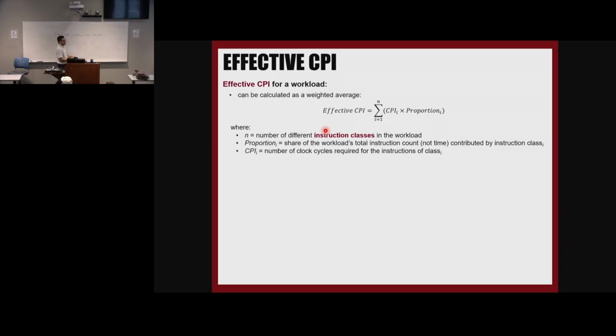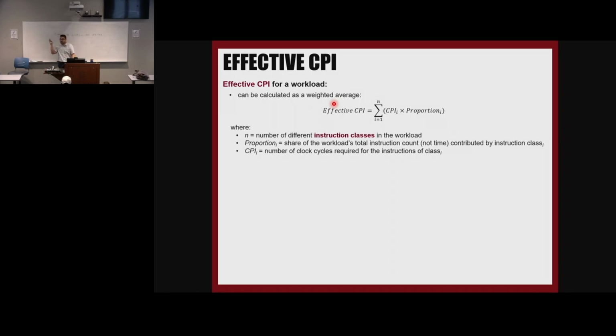Effective CPI is a simple calculation which takes the CPI of a specific instruction class. Let's say load and store. We say load and store needs 10 clock cycles. Then we find how many loads and stores we have in that workload, so how much that specific instruction class contributes to the entire workload, right?